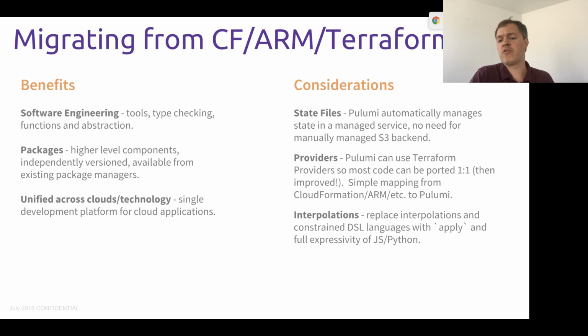And for folks using CloudFormation and ARM, because these are a representation of each individual resource in the cloud provider, there's normally a very close mapping between those two. So it tends to be very easy, if you've got existing resources in any of these systems, to map those into Pulumi. The key thing, though, is that once you've done that, you have the opportunity to really take advantage of all the things that Pulumi provides.